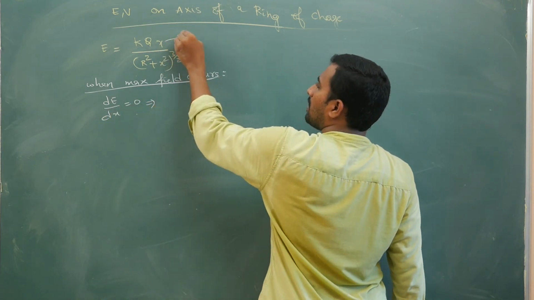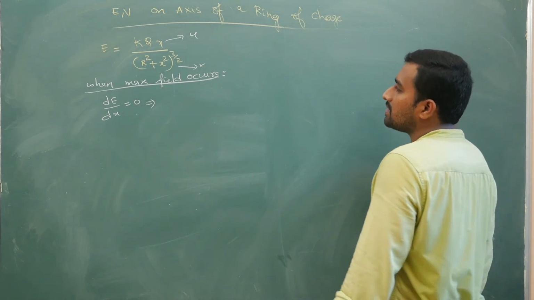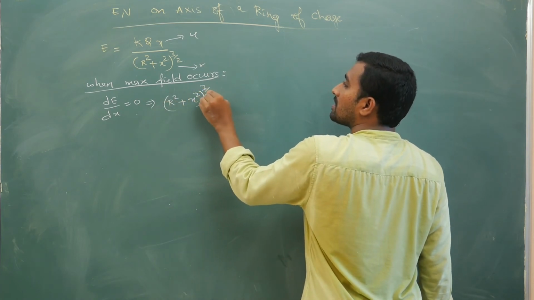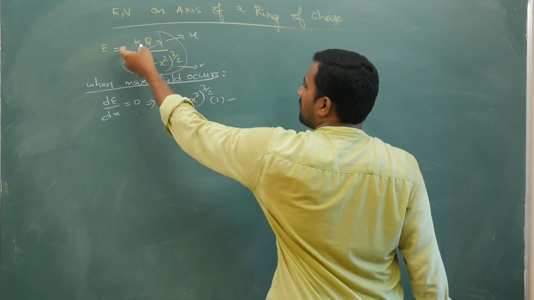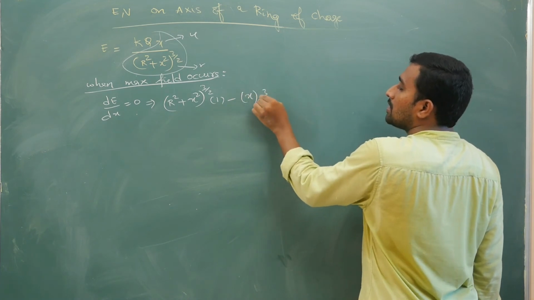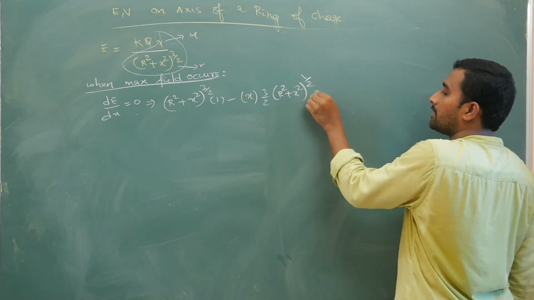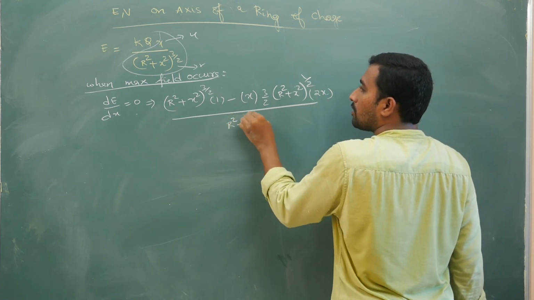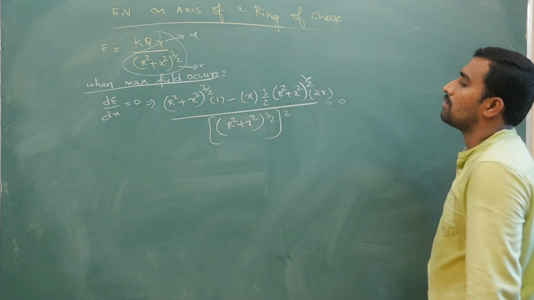That implies this part I will assume as u, this part as v. So the derivative of u by v rule is v times du by dx minus u times dv by dx. That will give you r square plus x square whole power 3 by 2 times the derivative of x, which is 1, minus x times 3 by 2 times r square plus x square whole power 3 by 2 minus 1, which is 1 by 2, times 2x, whole divided by r square plus x square whole power 3 by 2 whole square, equal to 0. I am taking only this part, the remaining part is anyhow constant; in the end you can multiply it.